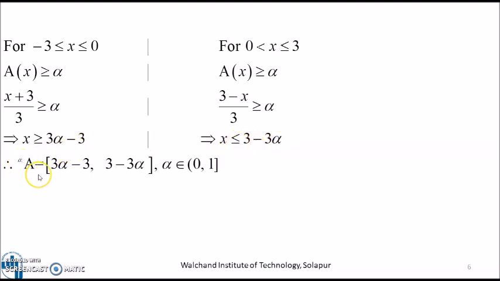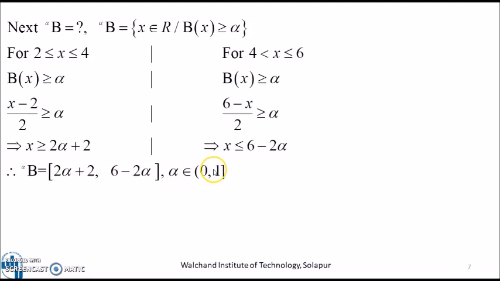Therefore, finally, the alpha cut of a is: x is greater than or equal to 3 alpha minus 3, which is the initial point, and x is less than or equal to 3 minus 3 alpha, which is the end point, and alpha belongs to the interval open 0, closed 1.